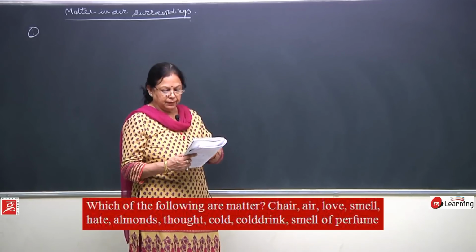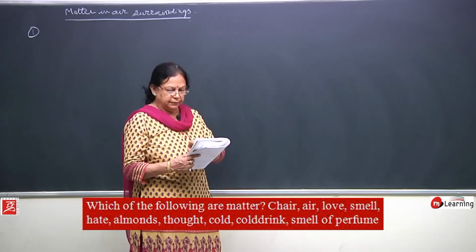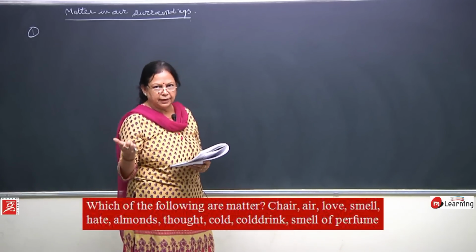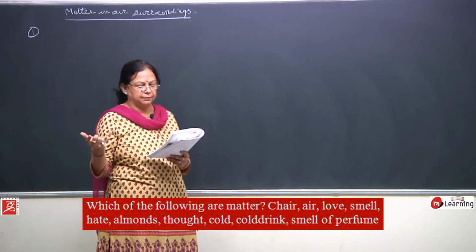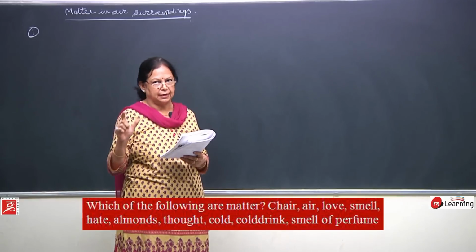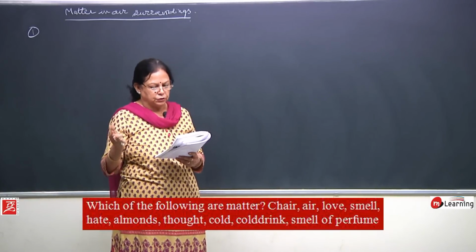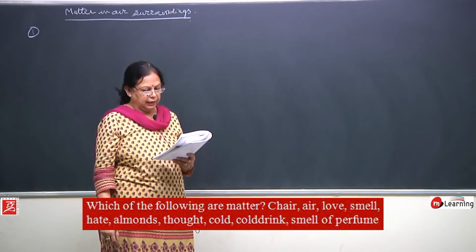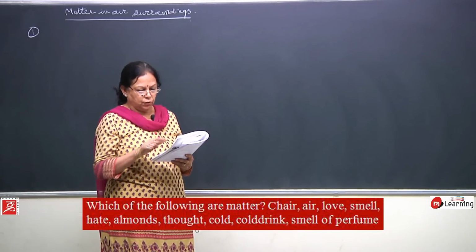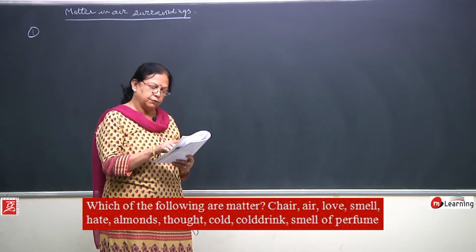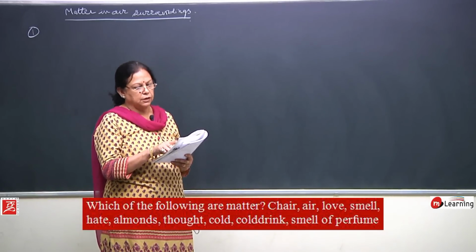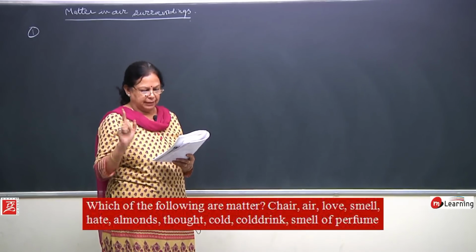Chair is solid, almonds are solid. These two, chair and almonds, occupy space and have mass, so they are definitely matter. Then comes liquid, that is cold drink. Of course, it has volume, occupies space and has mass, so it will be called matter.